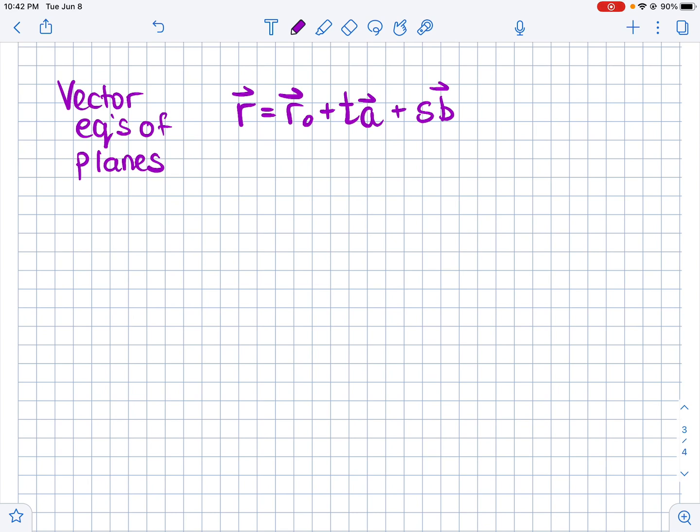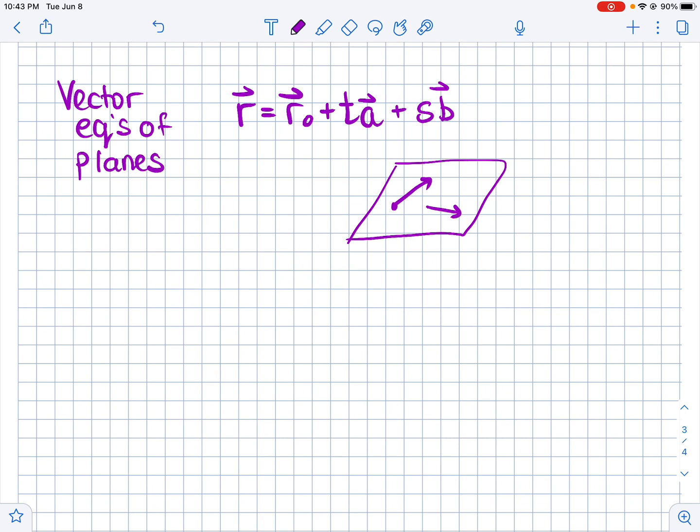So basically, a vector equation of a plane is different than the vector equation of a line because we added an extra direction vector. So in order to describe a plane, we need to know 2 direction vectors. We need to know 2 direction vectors that aren't parallel.